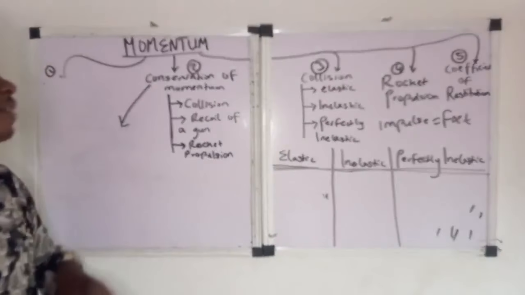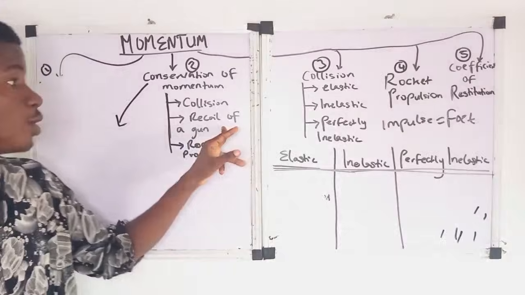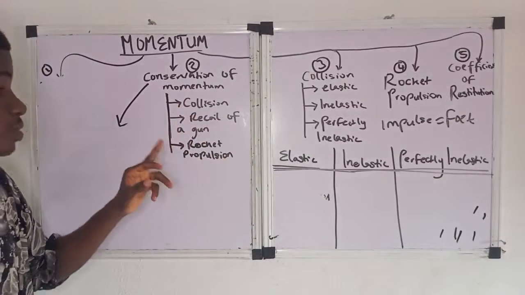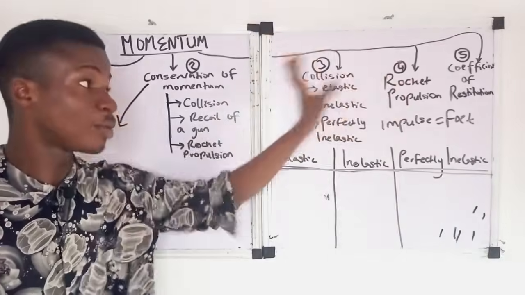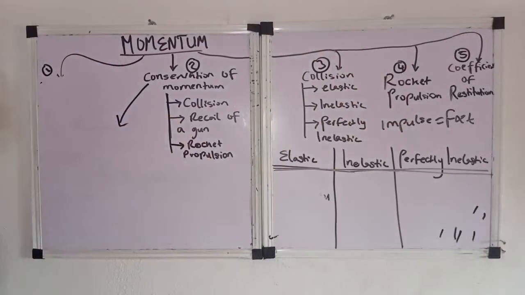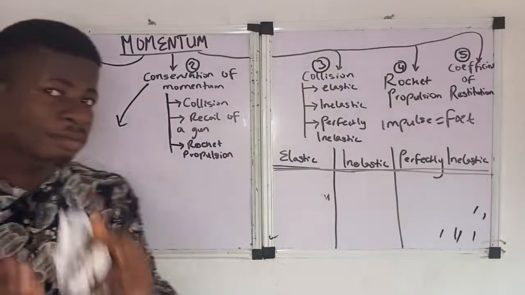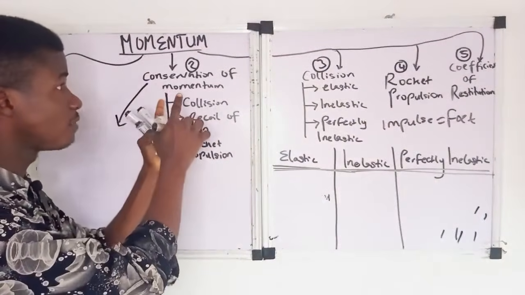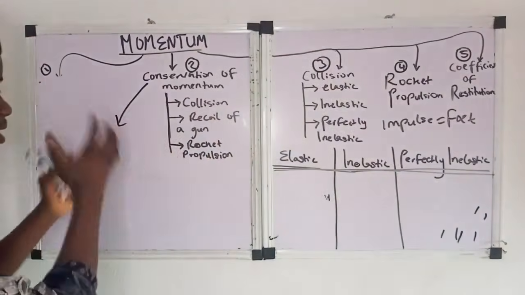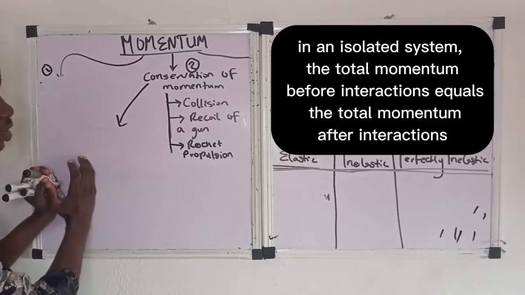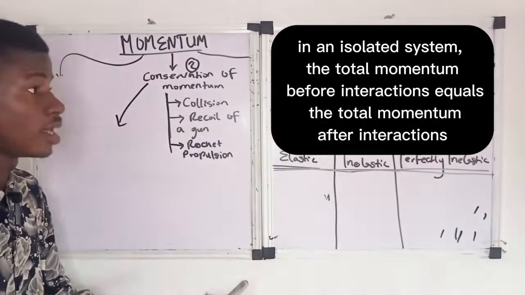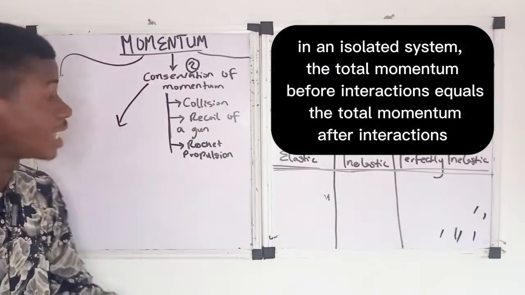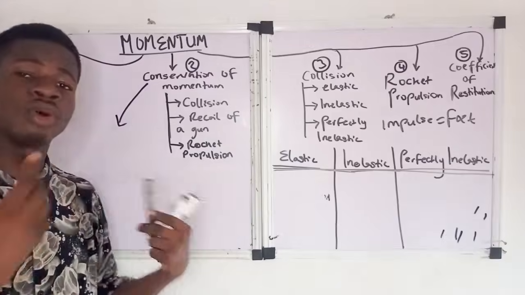Let me first talk about the recoil of a gun, because collision and rocket propulsion we will talk about soon. Remember, conservation of momentum states that the momentum before collision equals the momentum after collision.